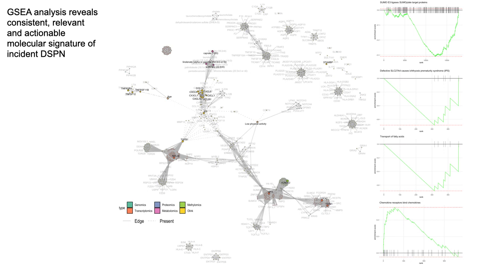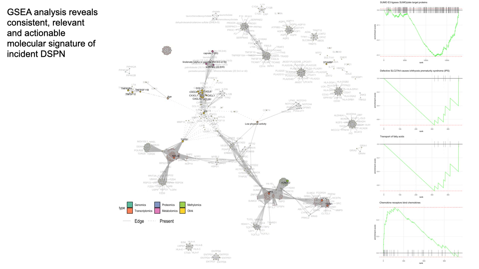The two pathways in the middle, defective SLC27A4 causes ichthyosis prematurity syndrome, or IPS, and the transport of fatty acids, are both significantly downregulated as observed in the metabolomic data. Most importantly, the chemokine receptors bind chemokines pathway here is significantly upregulated as observed in the proteomics data. All of the pathways here are consistent between both datasets.